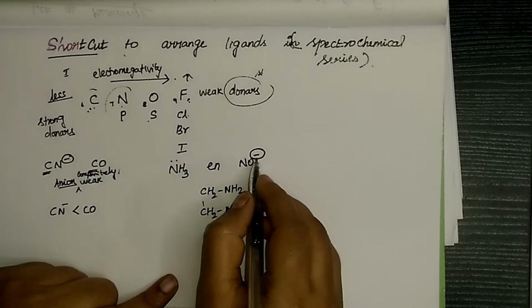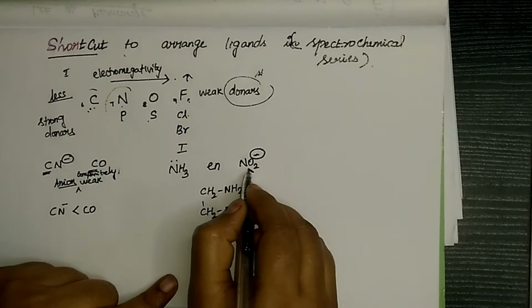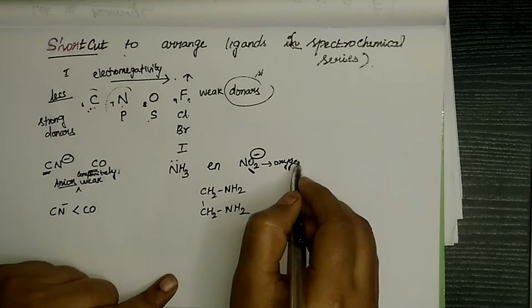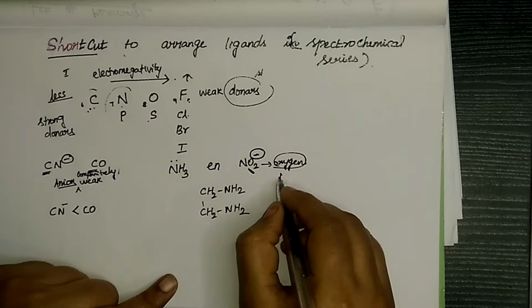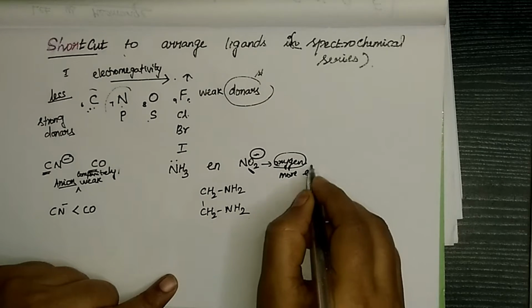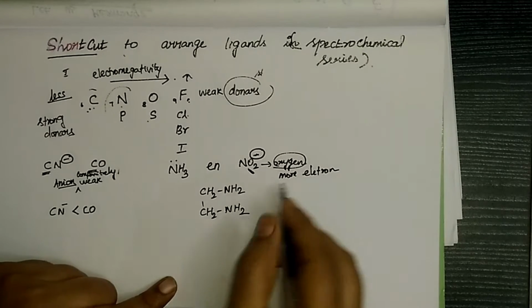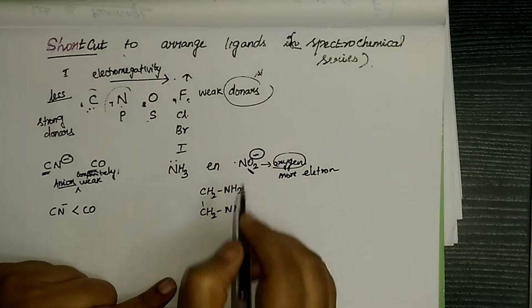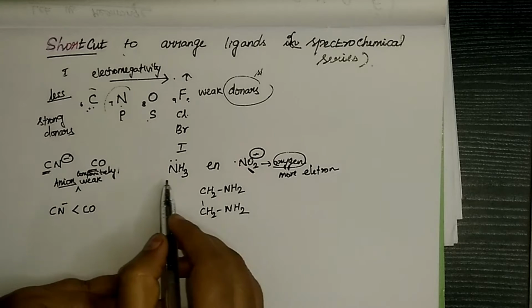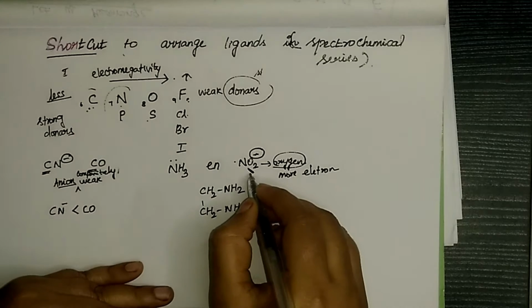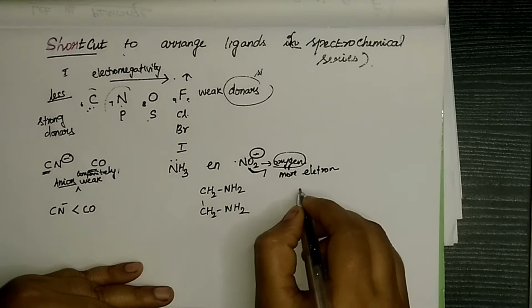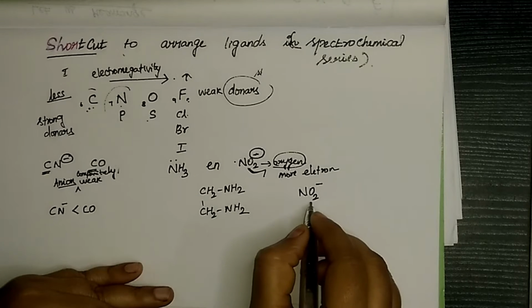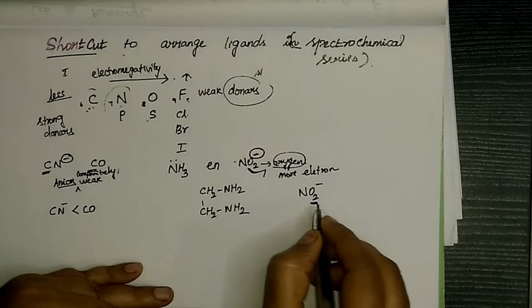If you have an anion, you have to see the next atom attached. This is oxygen. Oxygen is more electronegative, so it will pull the electron towards itself. So what happens? The nitrogen will become less electronegative. When comparing these, NO2 minus will be the strongest because you have oxygen here.